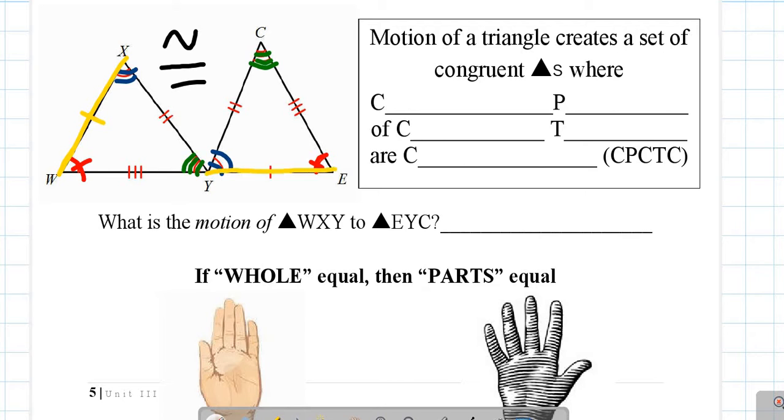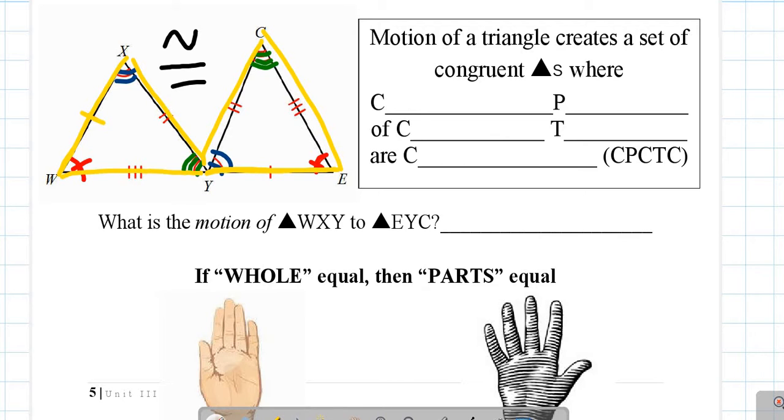Trace it, WX is going to be the same as EY. Side XY is going to be the same length as YC. And side WY is the same length as EC.